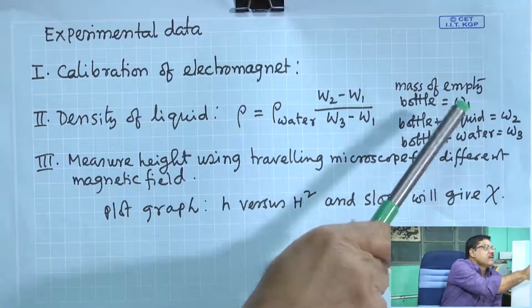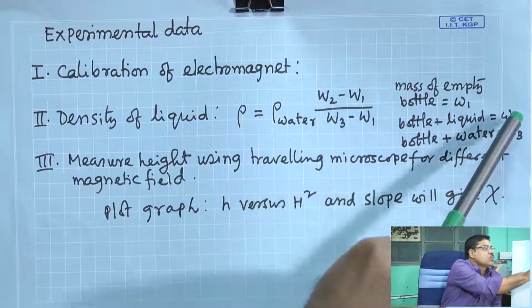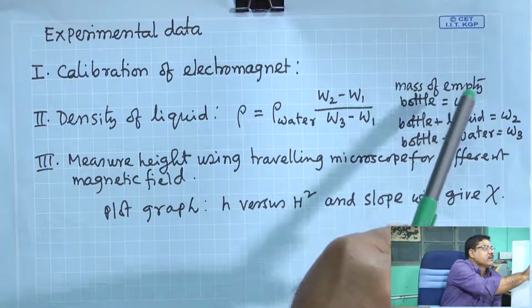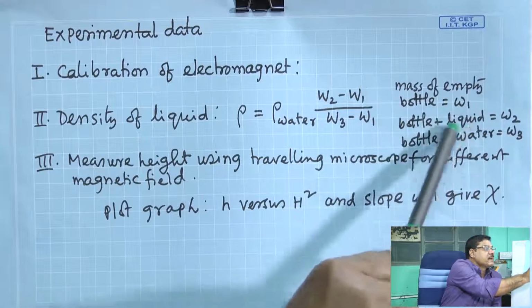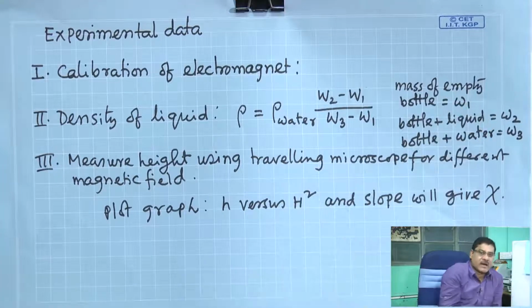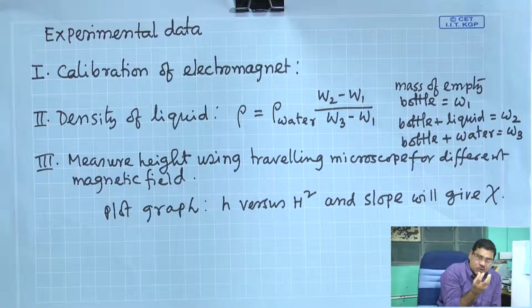And W2 minus W1 is the mass of the liquid, meaning the solution: water in which I have dissolved the material.